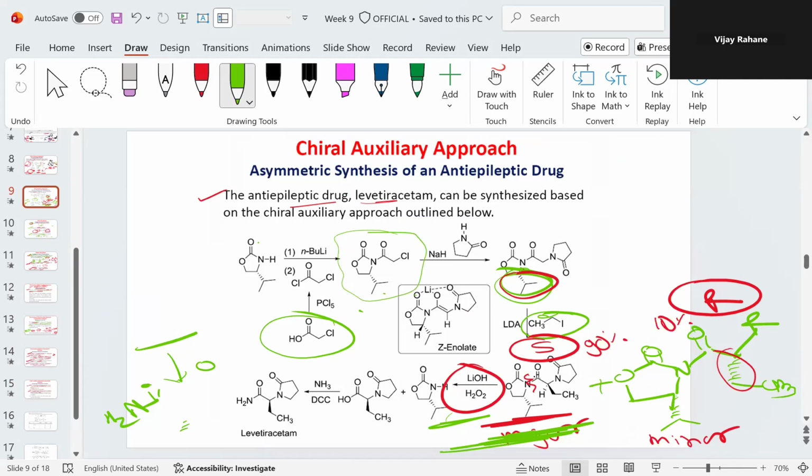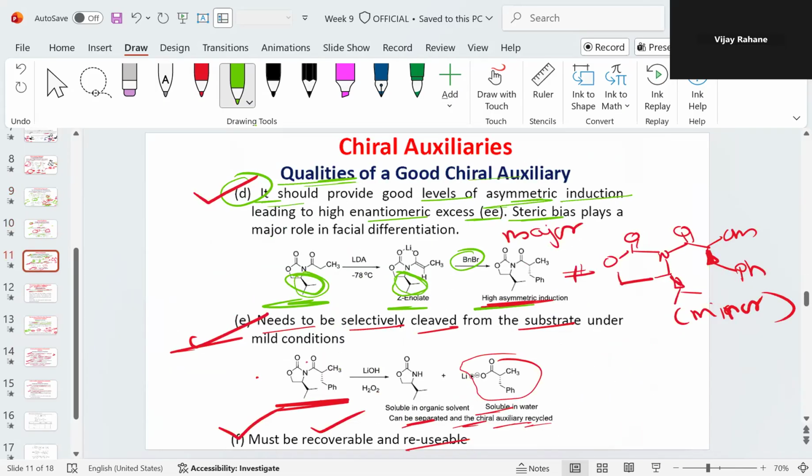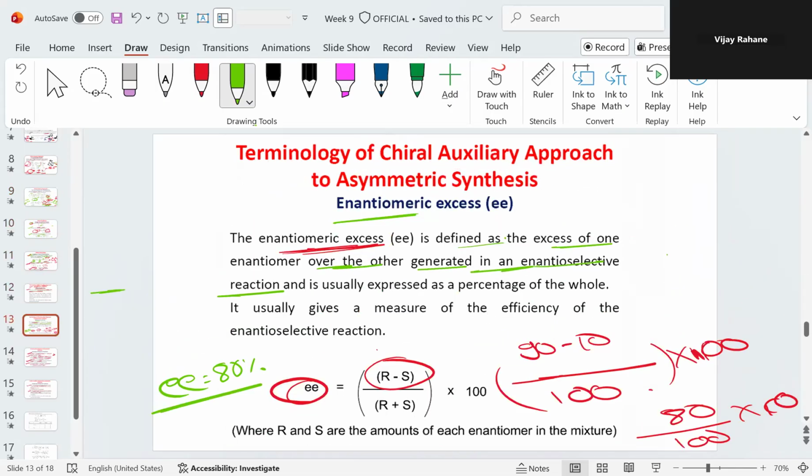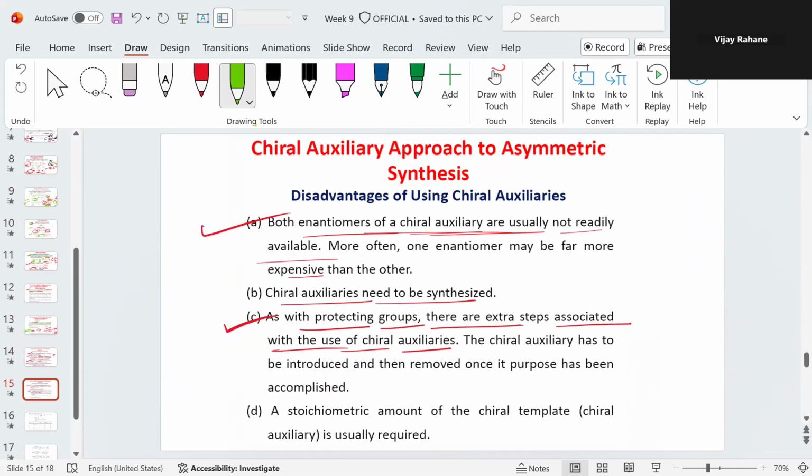To convert this entire starting material to this form, we need to use the chiral auxiliary in an equal amount to our starting material. So if we are using 10 moles of the starting material, then the chiral auxiliary also we need to use is 10 moles. So stoichiometric usage of this chiral auxiliary is required. That's again one of the drawbacks or disadvantages of this chiral auxiliary.